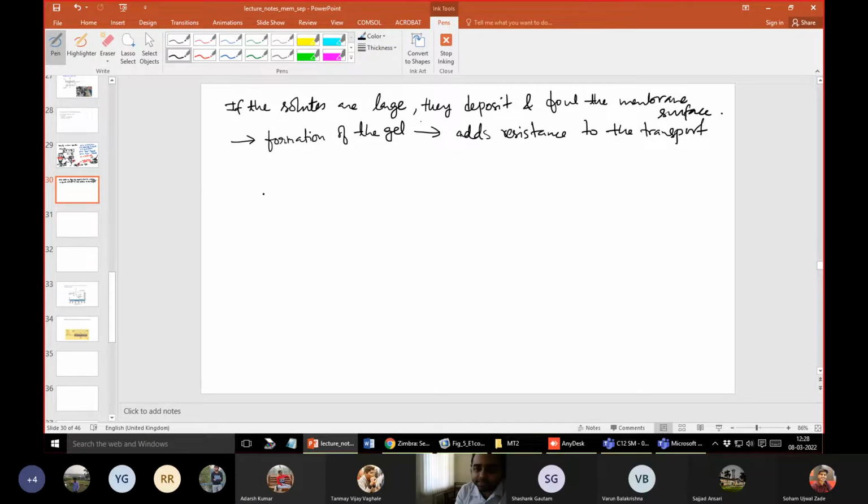So in this case, the solvent flux, or the velocity through the membrane, is written in terms of the resistance formulation. Typically we have delta P by mu Rm, right? In this case, we have an additional resistance.